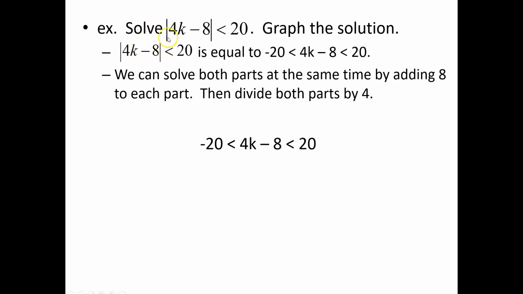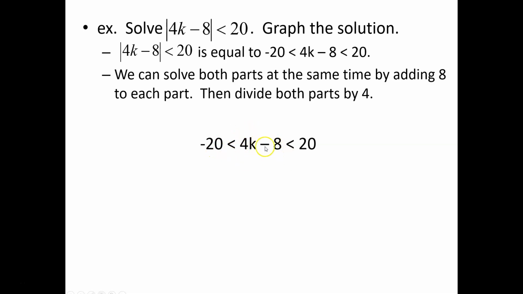All right, here's another example. Solve the absolute value of 4k minus 8 is less than 20, and graph the solution. So if you look at that part that we noted, 4k minus 8 absolute value is less than 20 is equal to negative 20 is less than 4k minus 8, which is less than 20. This is an and. And now we can solve both parts at the same time.